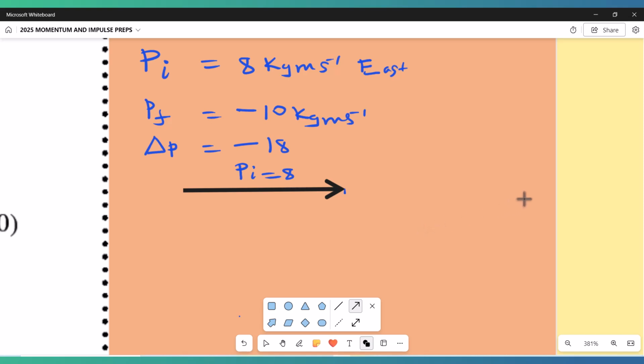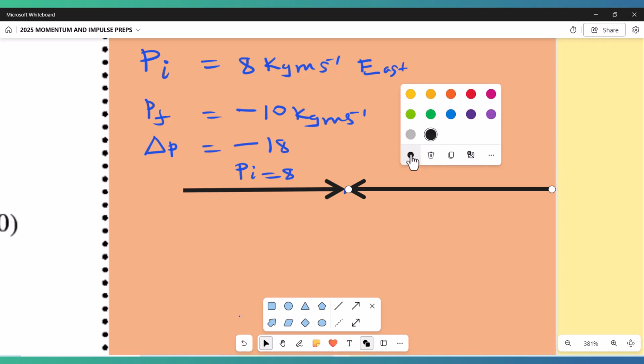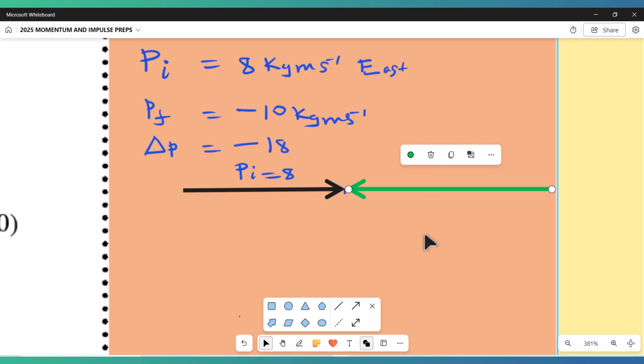Remember that this one must be longer than this other one, because this one is now 10. So being negative, it is facing to the west. What about positive, facing to the east? So in this particular case, let me just put it in a different color. Let me choose green here.